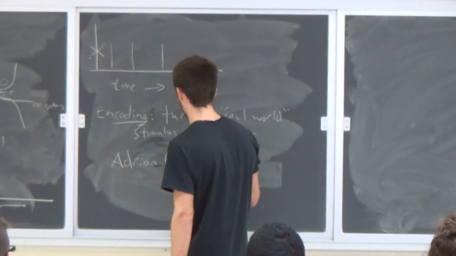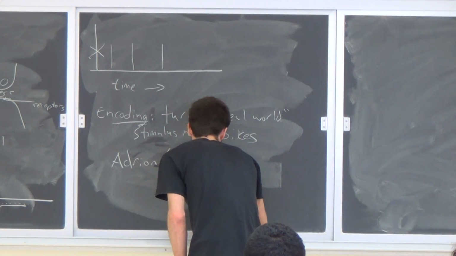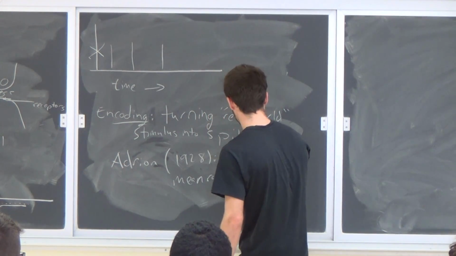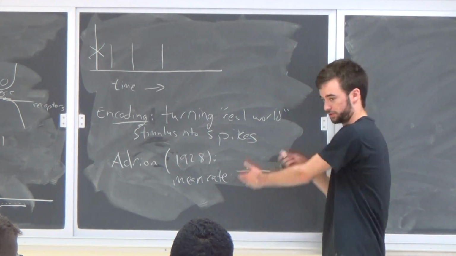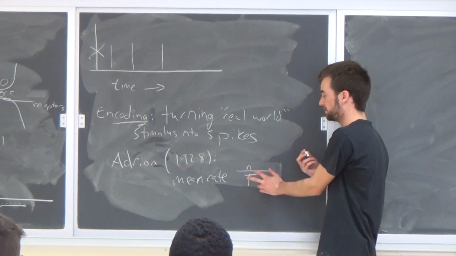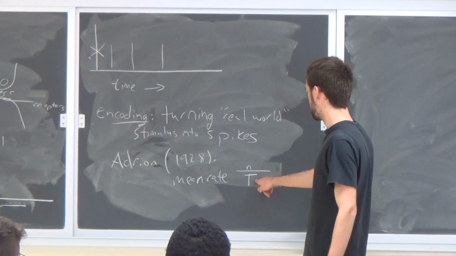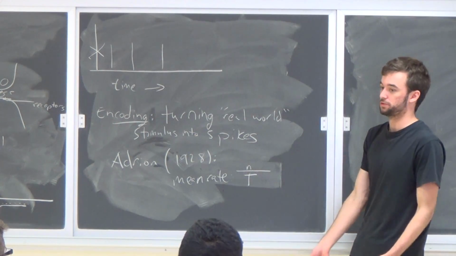So his model was that the rate of firing of a neuron, the mean rate, which we define as the number of times fired over some time t, is proportional to the amount of weight you put on a muscle.